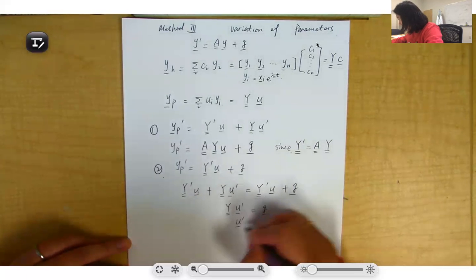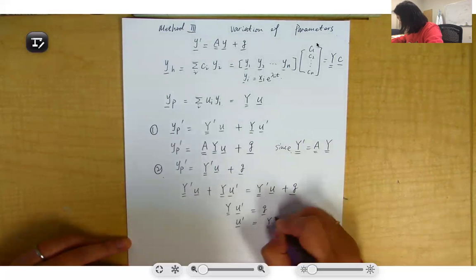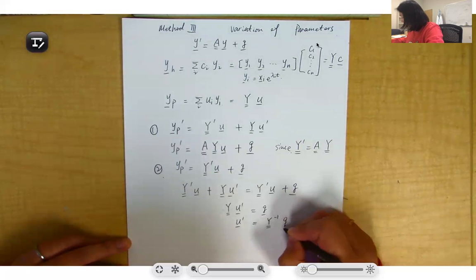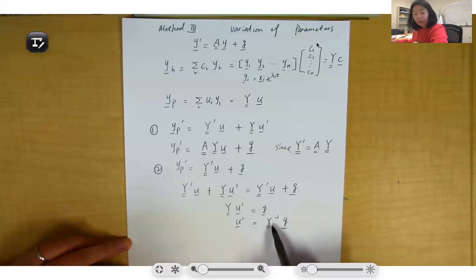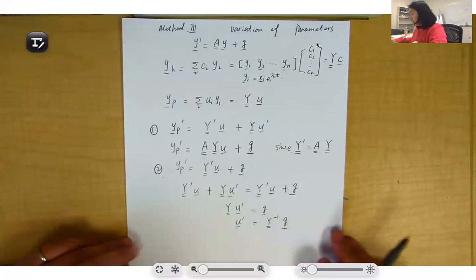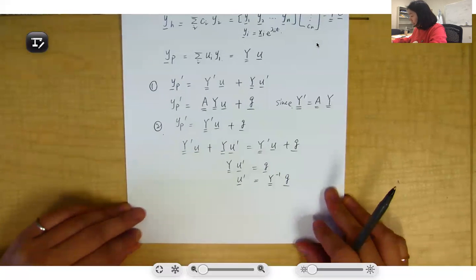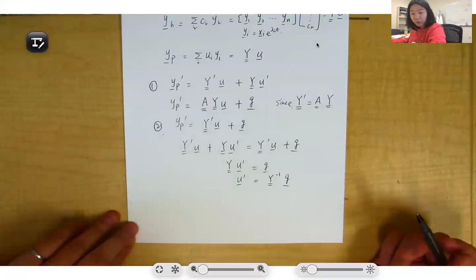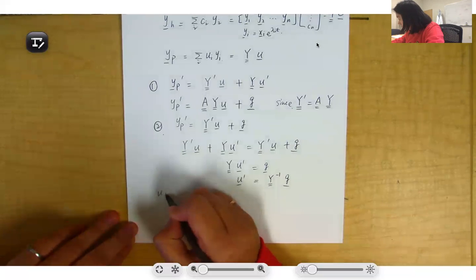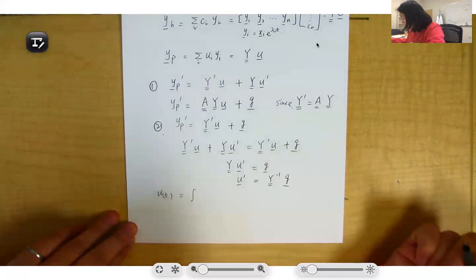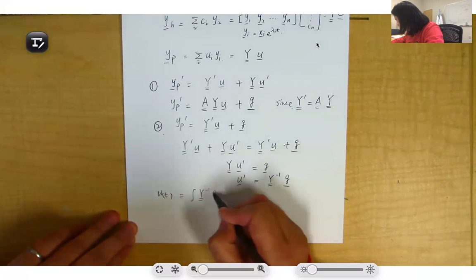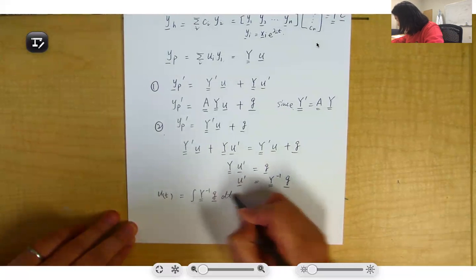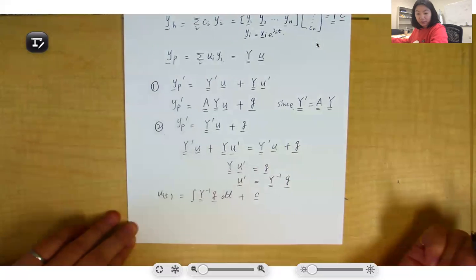U prime will be equal to y inverse g. So on both left and right hand sides, you multiply by the inverse matrix of Y. Then you can get u prime. How can you calculate u of t? U of t will be equal to the integral of y inverse g dt plus some constant matrix.